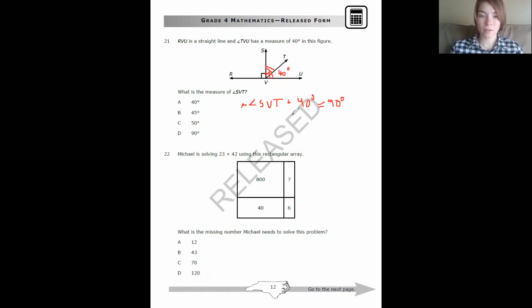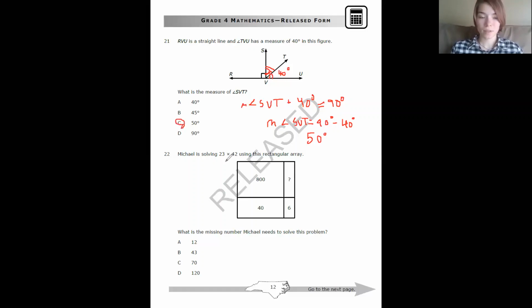If we work that out, the measure of angle SVT has to equal 90 minus 40, and that gets us the answer of 50 degrees. And that's going to be C.